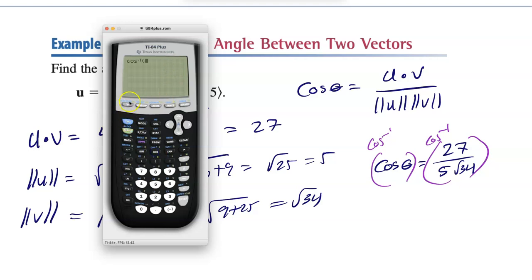I'll do this without using the fraction button. 27 divided by, I'll make sure these are together, so I'll put parentheses, 5 square root of 34. And we get 22 degrees. And that's how you find the angle between two vectors.